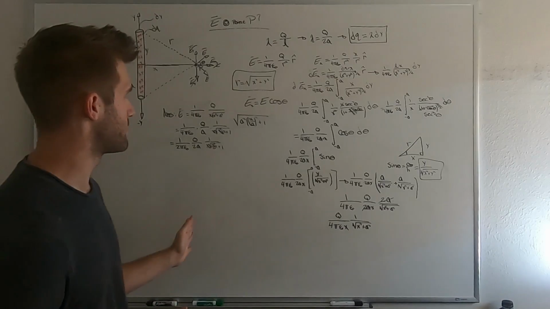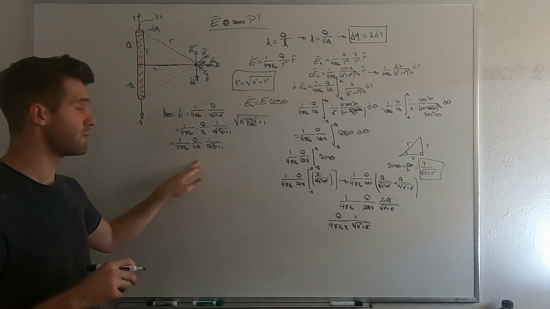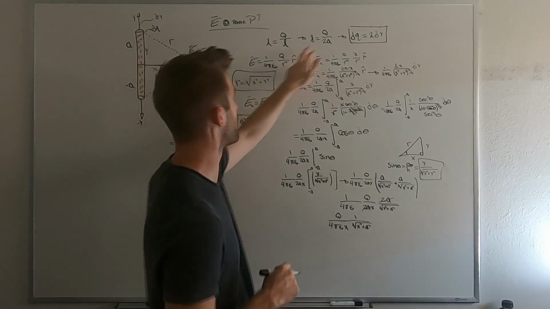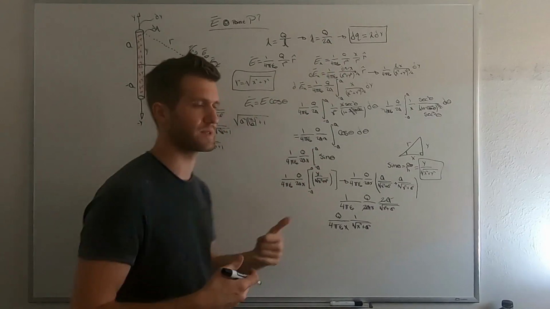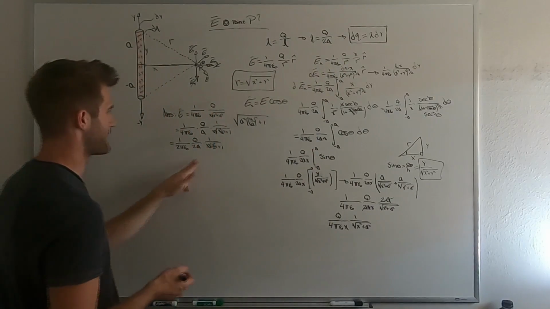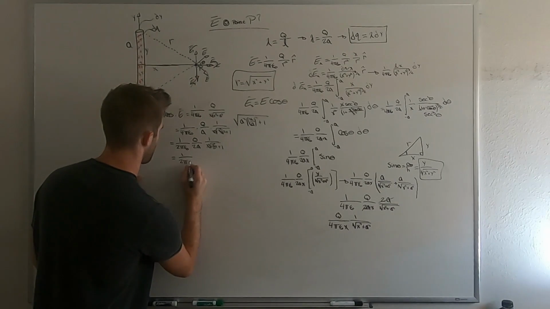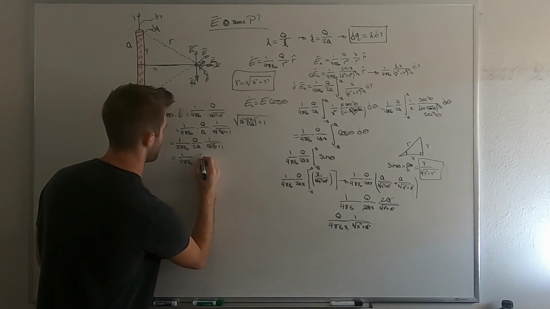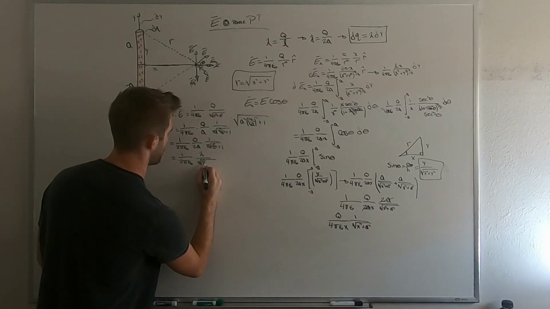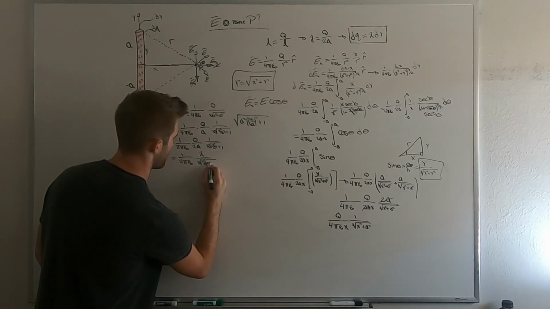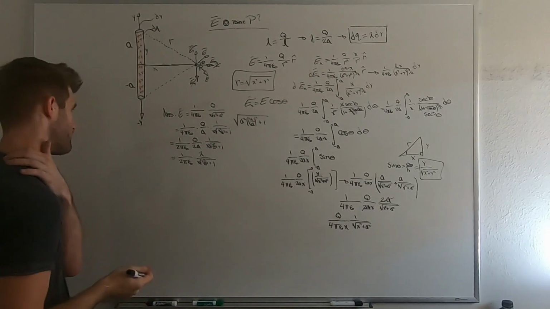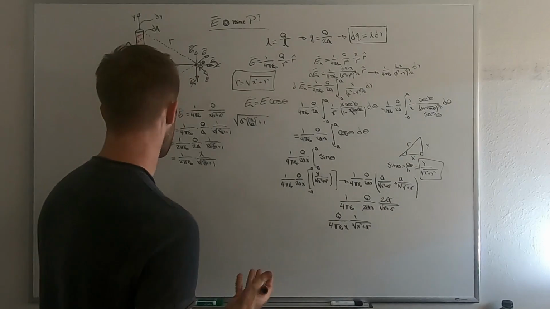Now q over 2a is simply what we had here. It's just our line charge density, so we can replace that with lambda. So we have 1 over 2 pi epsilon naught times lambda over x square root of x squared over a squared plus 1. Now we have that all situated.